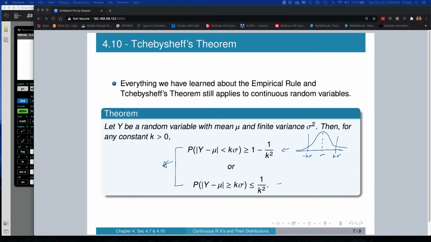And this one right here finds the area of the curve outside of those two. I think we discussed that a little bit back then in Chebyshev's inequality back in 3.11 or 10 or whatever it was. So this finds the area between, this one down here finds the area out.